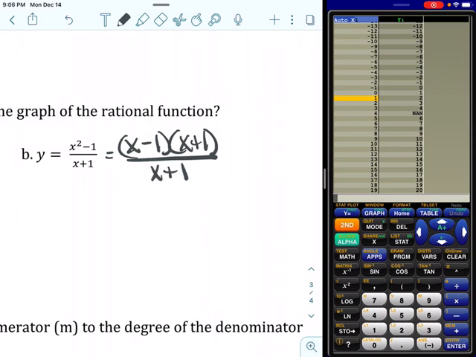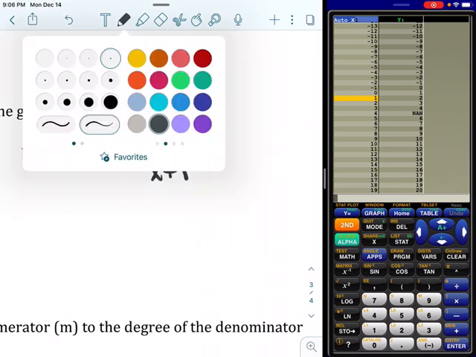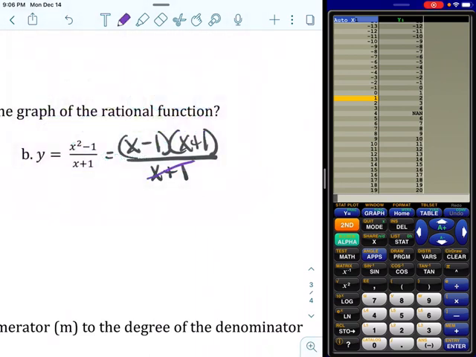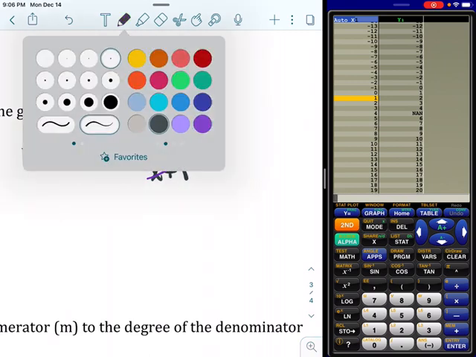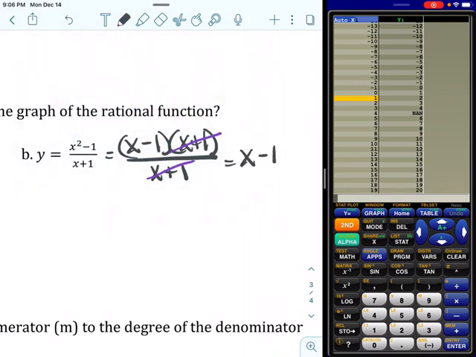Now right now, it looks like with x plus 1 we're going to have a vertical asymptote there. But we're not, because we can take that x plus 1, divide it out of the function, and get x minus 1 as the function. But because x plus 1 was part of the original, we still have to leave it. So we don't have any vertical asymptote, but we have our hole at -1 comma something.